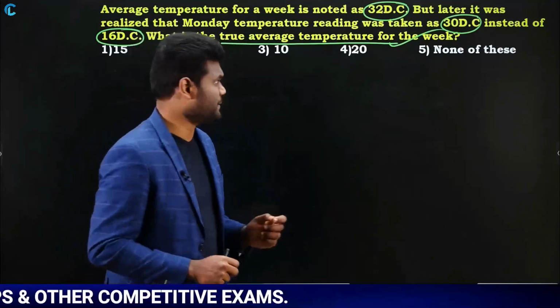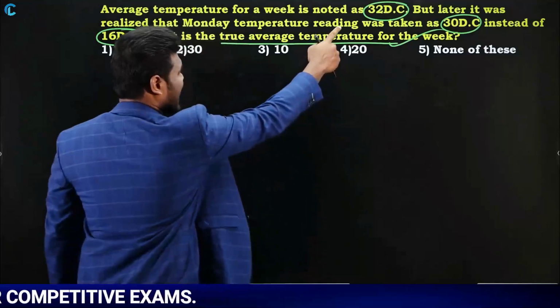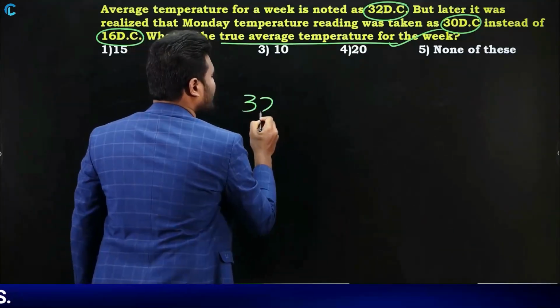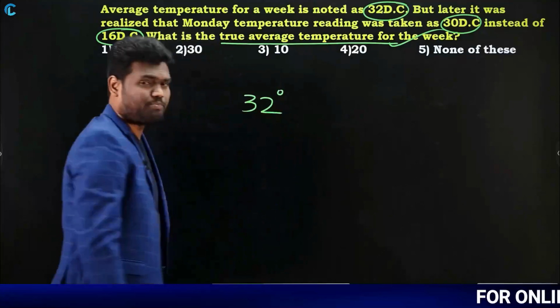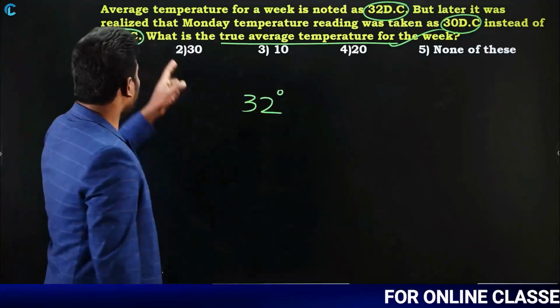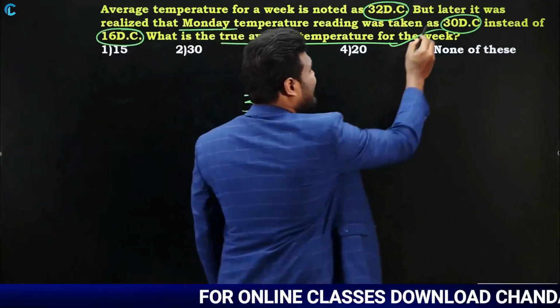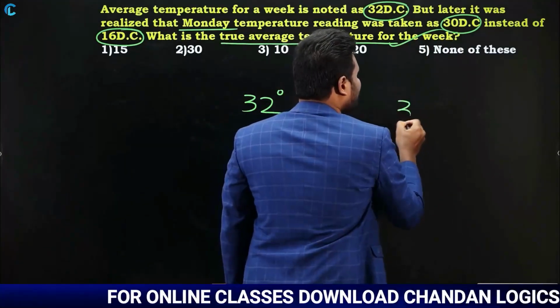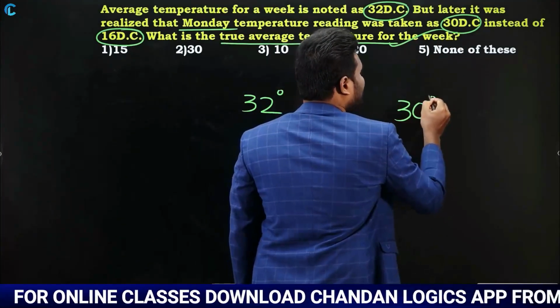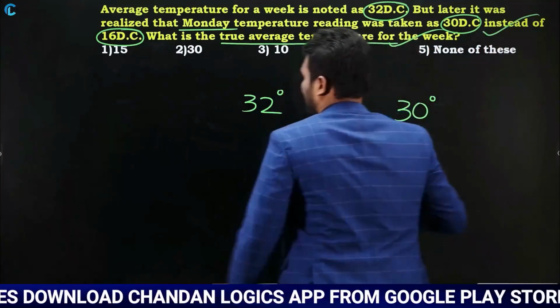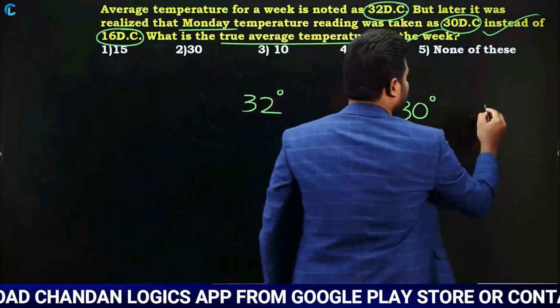Just observe here carefully. Now actually, what is the average given? The average for the whole week is 32 degrees Celsius. But it is said that Monday's temperature reading was taken as 30 degrees Celsius instead of 16 degrees Celsius.